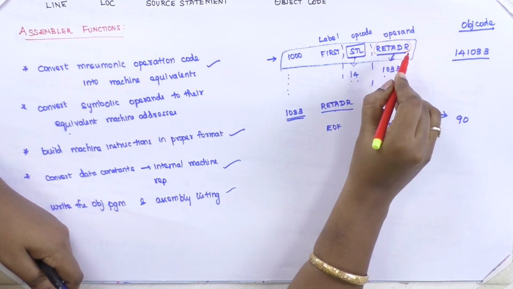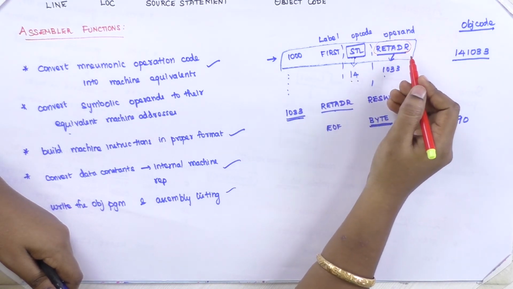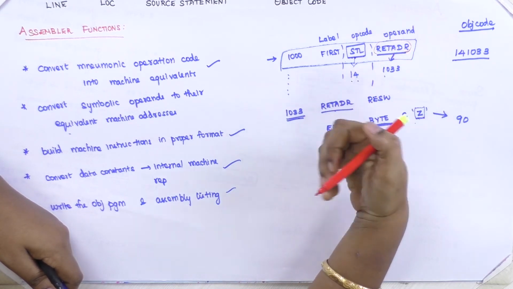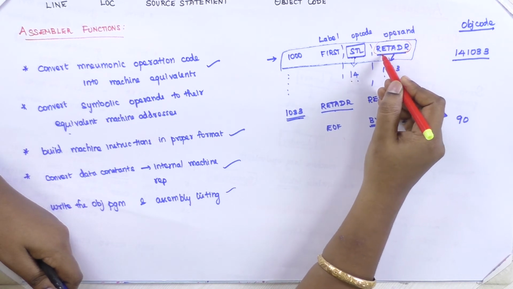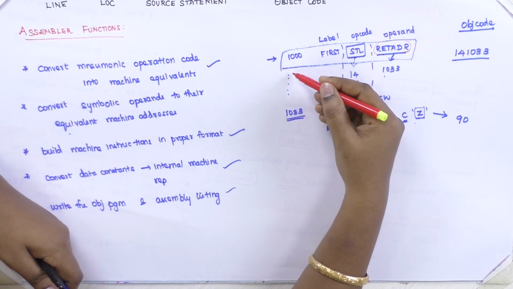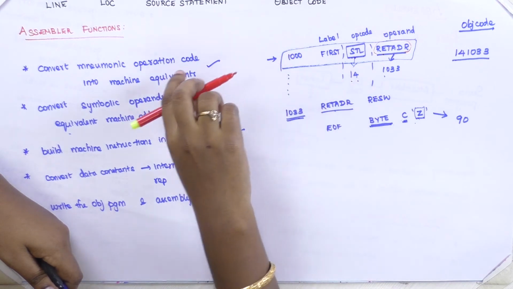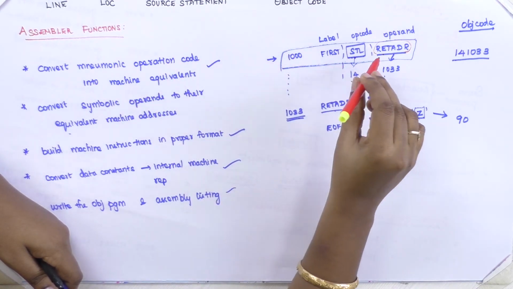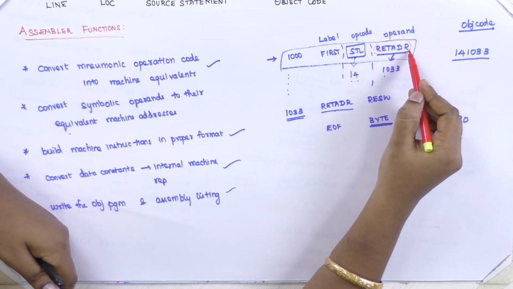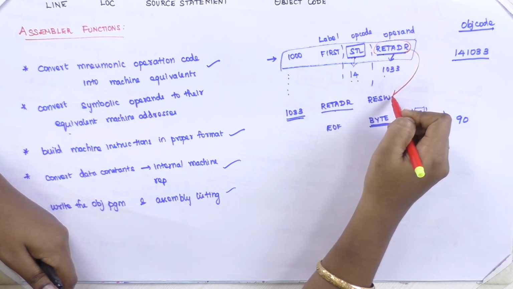While reading this line, the assembler does not know where this symbolic operand is, because the reference to RETADR is present later in the program. It may be in the 90th line or 100th line, whereas this is our first line. So the assembler does not know where RETADR is defined.